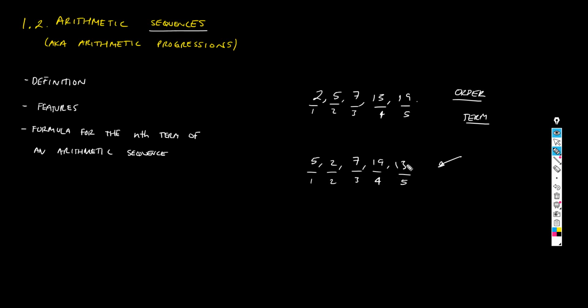So this sequence is different from the other because the order of each of the terms is different, and that's enough to make these two sequences different. So the order is very important, not just what terms it has, but the order of the terms. So that's a sequence.